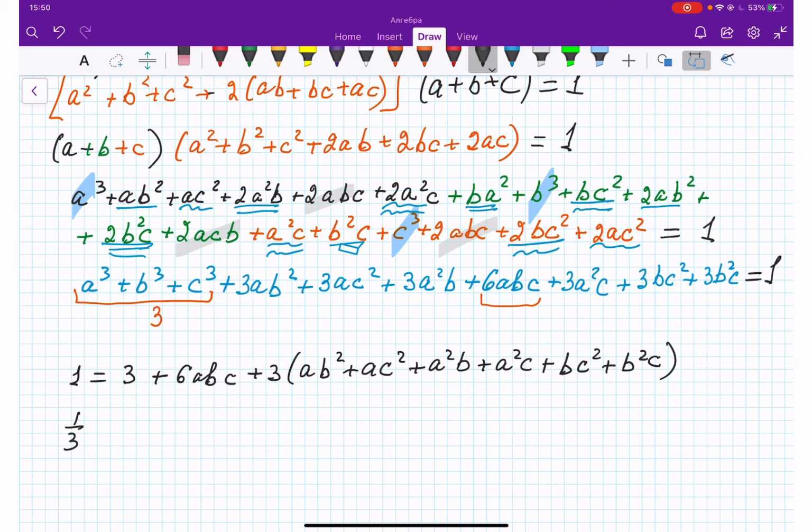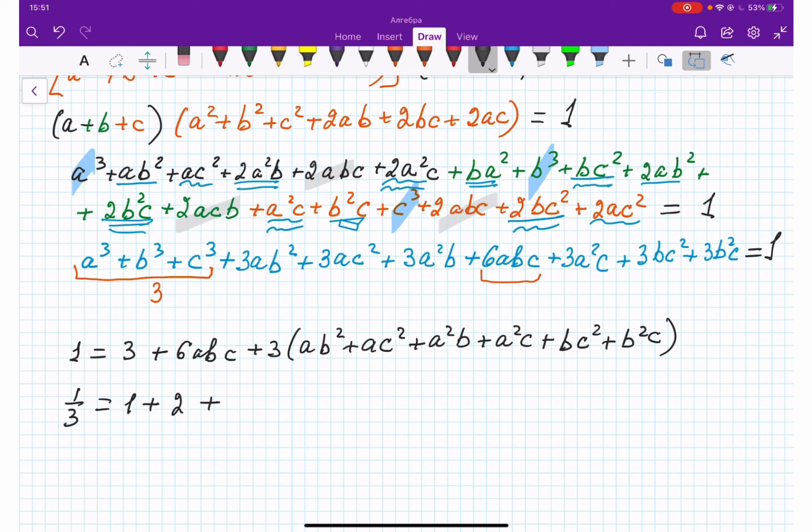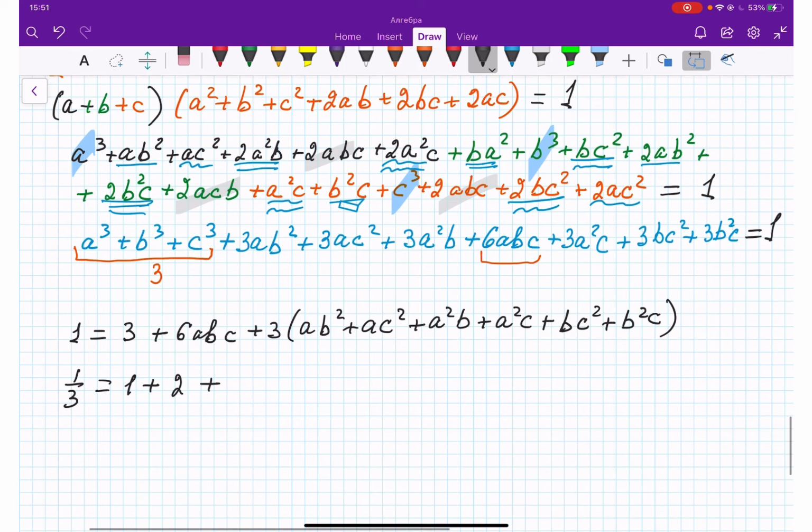1 over 3 is equal to 1 plus 2, because I divided by 3, right? And plus the whole long parenthesis. And this is what I'm going to do. Look here, this is very interesting. I know that it is given to us that a plus b plus c is equal to 1.